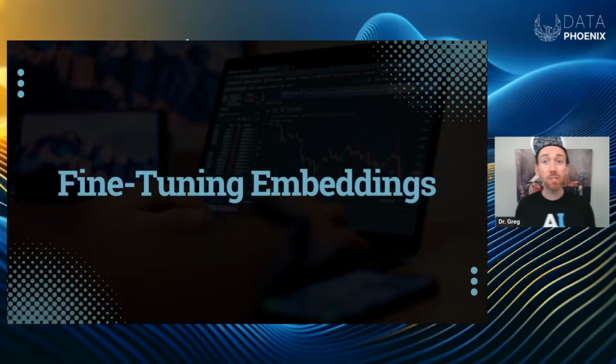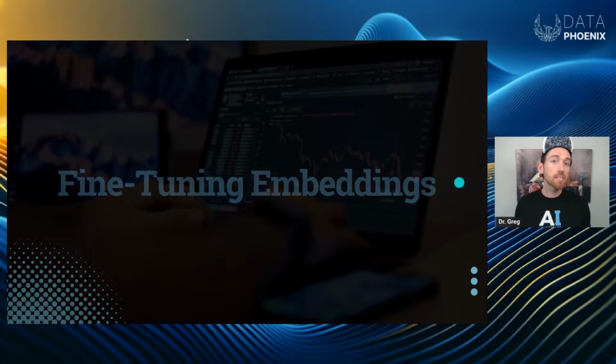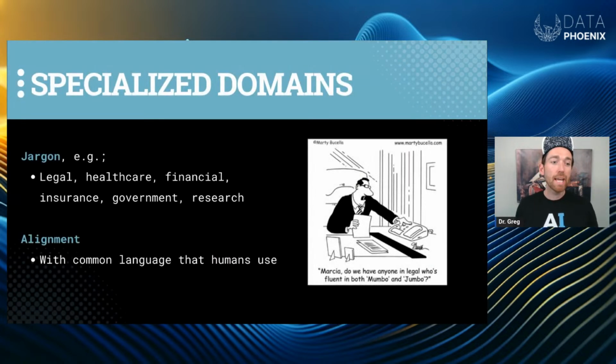When we talk about fine-tuning embeddings, this might actually be the first type of fine-tuning that you use if you've just done some RAG. This is going to be useful in general if you fine-tune on the data that you're doing RAG with, as we will today. But it will also be useful if you're in any sort of specialized domain.